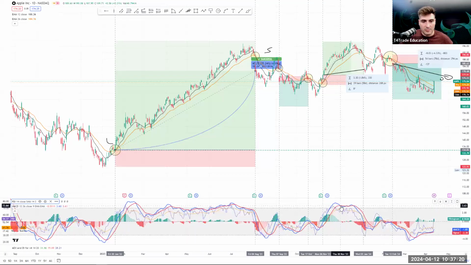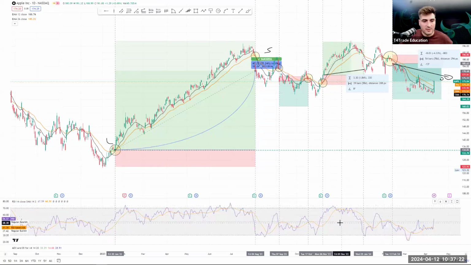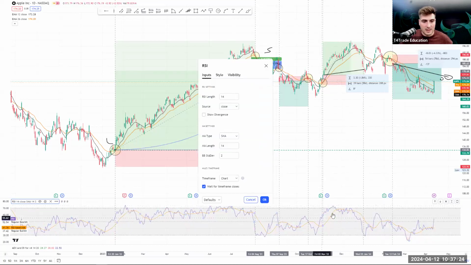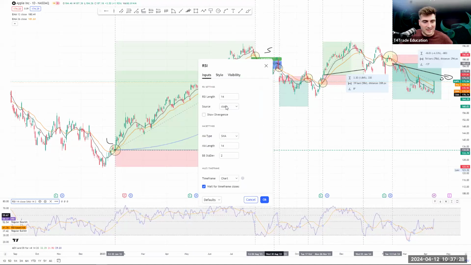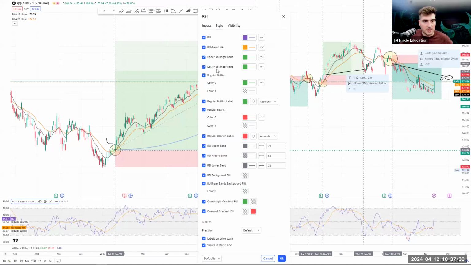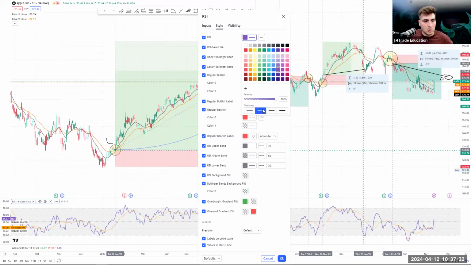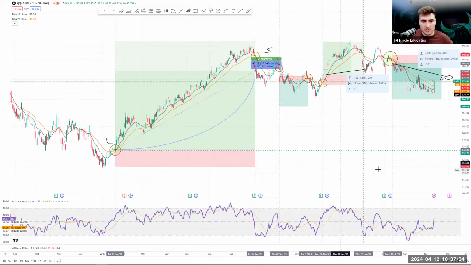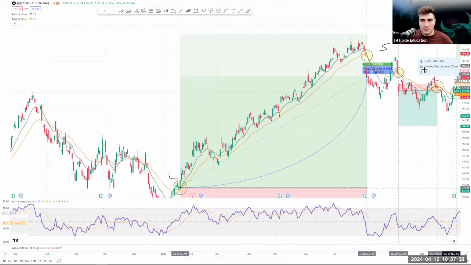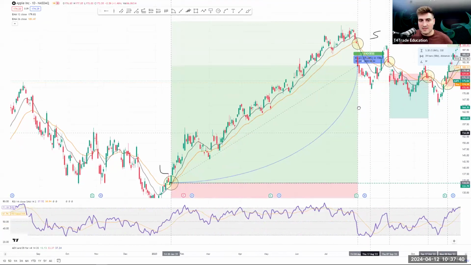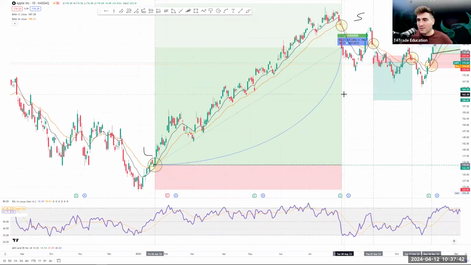Let's get the MACD out of the picture and leave only the RSI as my signal to exit. Let me enhance and bolden the RSI in order to see exactly where I could exit the market.